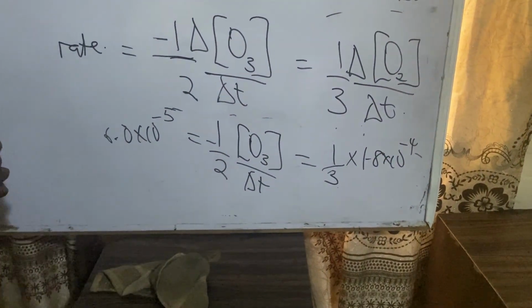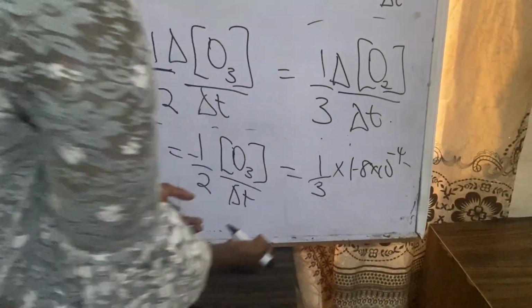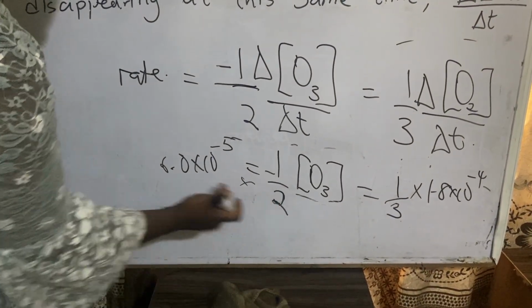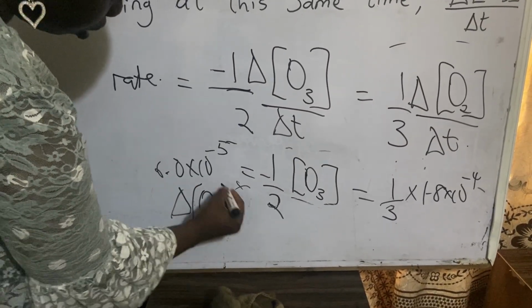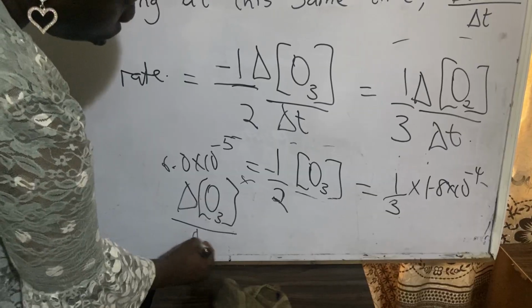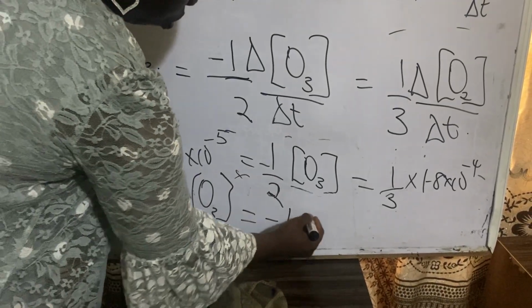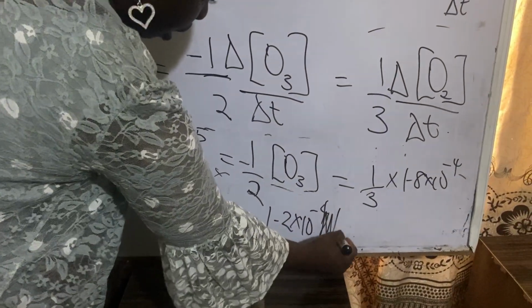So you simply relate either these two or these two. When you relate these two, like I said, you multiply 2 by this, and you have the disappearance of the ozone. There's minus here, so it becomes minus 1.2 times 10 raised to power minus 4 molarity per second.